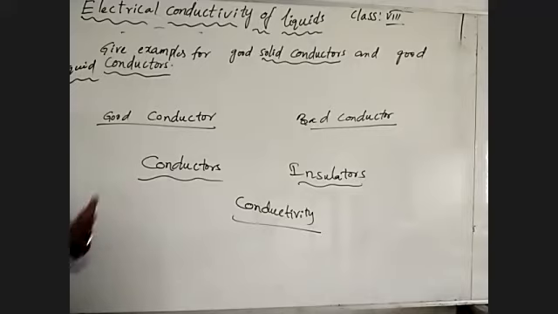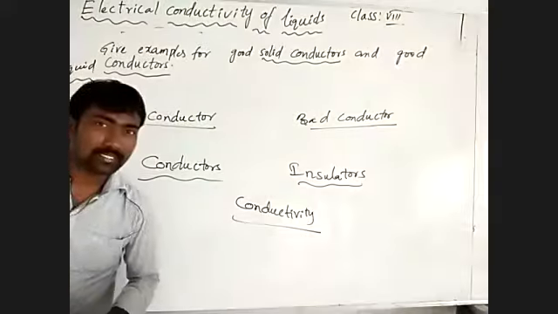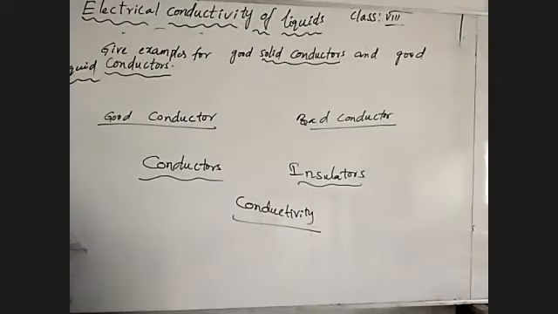At the same time, using liquid in a rubber cap, the liquid for which the bulb glowed is a good conductor of electric current. The liquid conductor we call an electrolyte.